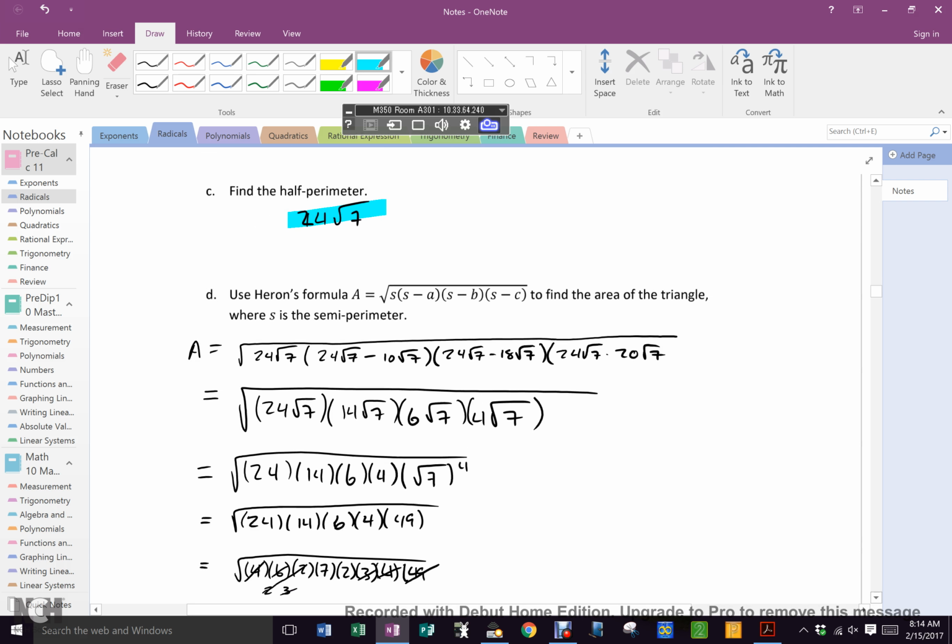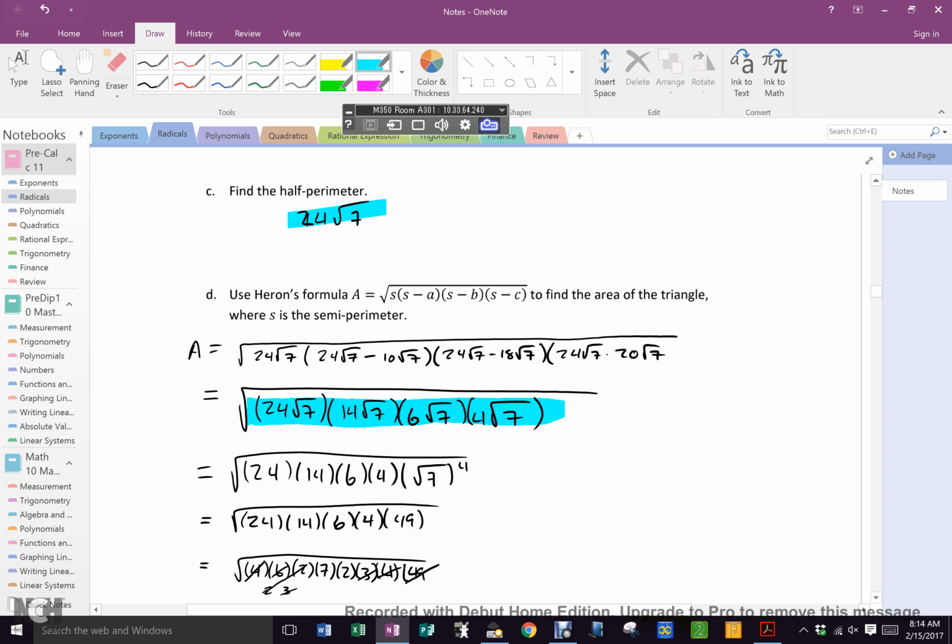And this one got a little complicated. If you got to here and stopped because you couldn't remember exactly how to multiply radicals, because this much we did in grade 10, I'm perfectly happy if you stopped there.